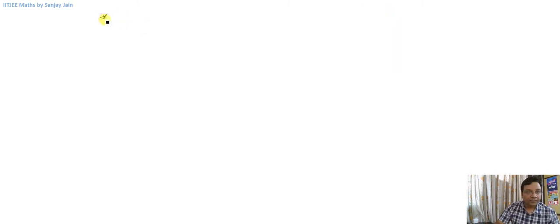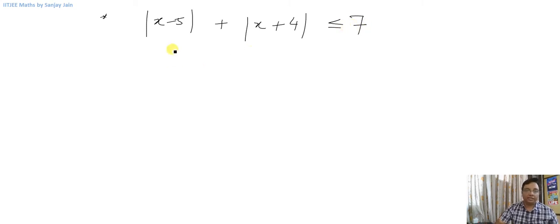Let us take mod x minus 5 plus mod x plus 4 less than or equal to 7. Okay, now when I'm asked to solve such a question, first of all, just think about it geometrically.